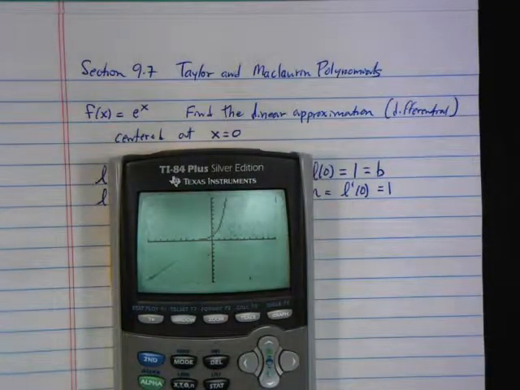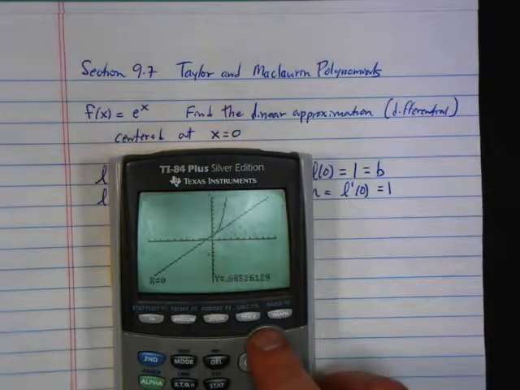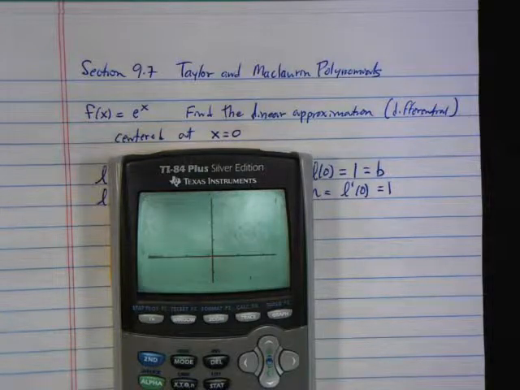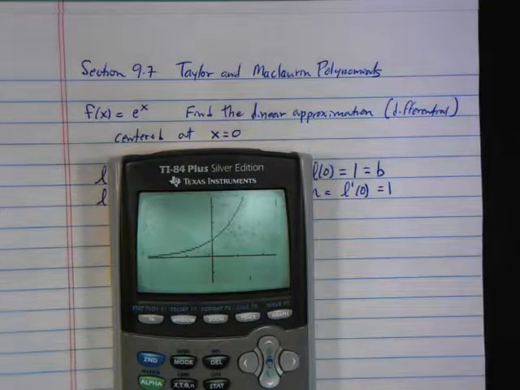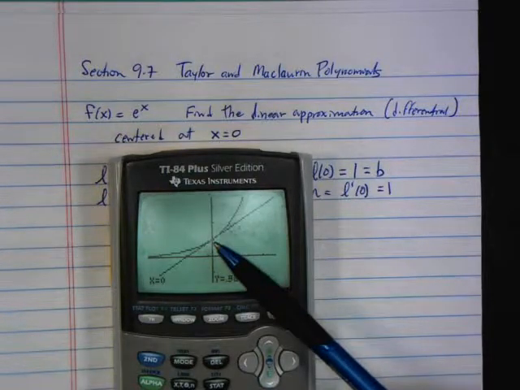Okay, so there's our curve, and there's our line. Does that line do a good job of approximating that curve? Close to 0, it's not bad, is it?